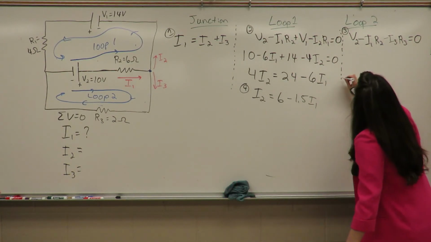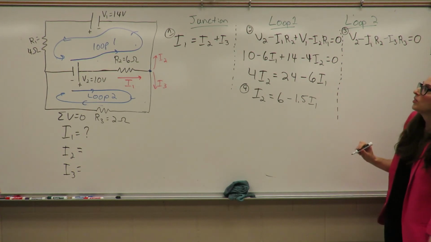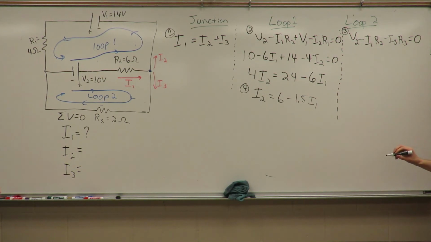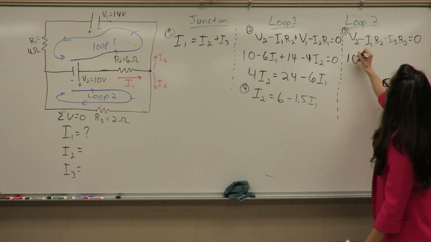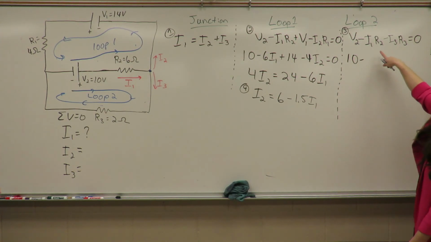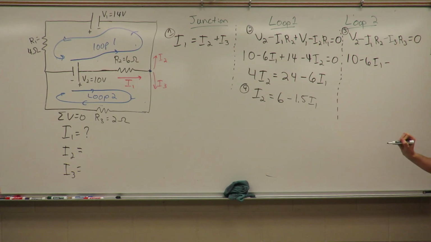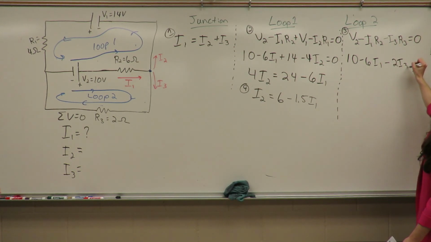All right, so now let's go over here and work with our equation 3 and stick in those values. So our EMF for V2 is 10 volts, minus the resistance on R2 is 6 ohms, so this is going to be minus 6I1, minus resistor 3 is 2 ohms, so minus 2I3, and that all equals 0. Okay.